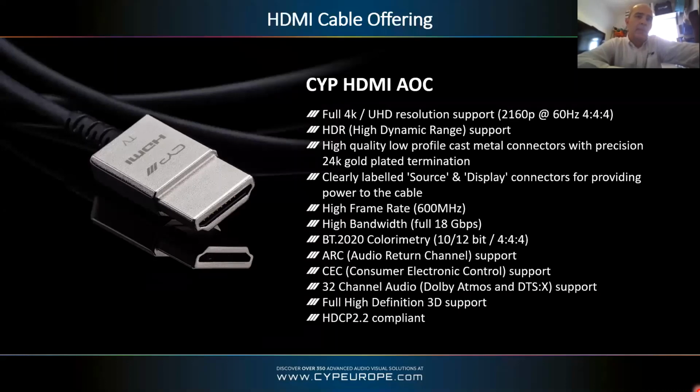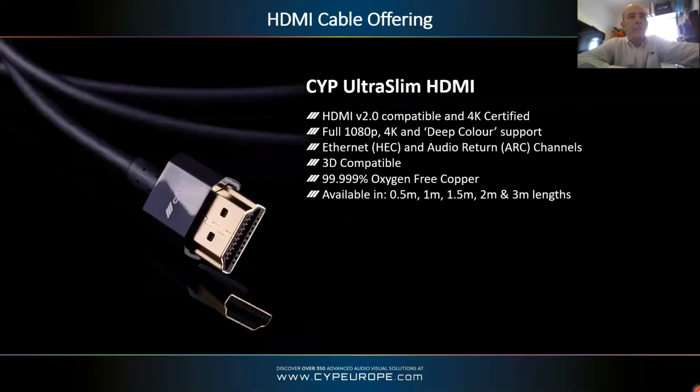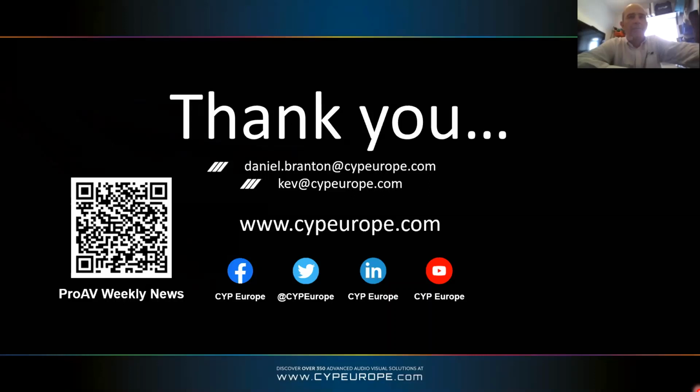And these are in 10 meter or 20 meter, just fantastic cables. Then the ultra slim cable. If the HDMI picture on there gives you an idea of size, it is absolutely tiny. The cable is very thin and flexible. So again, a really nice range there. These go up to 3 meters in the ultra slim HDMI cables.